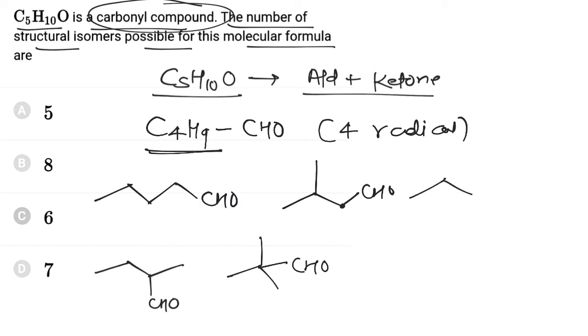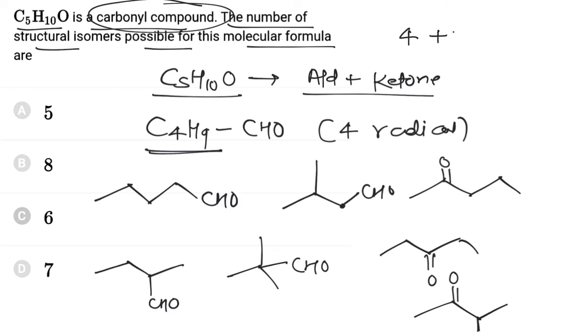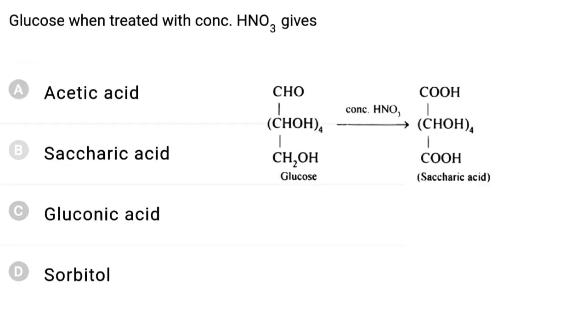Now ketones: 2-pentanone is possible, 3-pentanone is possible, and 1 more when the main chain has 4 carbons and at the second carbon a methyl group is present. So a total of 4 aldehydes and 3 ketones are possible. So a total of 7 carbonyl compounds are possible and hence the correct answer is D.